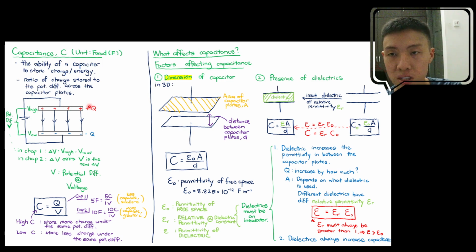The presence of charge being stored in the plates will cause a potential difference to be set across the plates. The one storing positive charge will be the positive plate, and the one storing negative charge will be the negative plate. The positive plate will have higher potential, and the negative plate will have lower potential. This is what we label as V high and V low, and because of that, there's a potential difference. This is what we have discussed already.